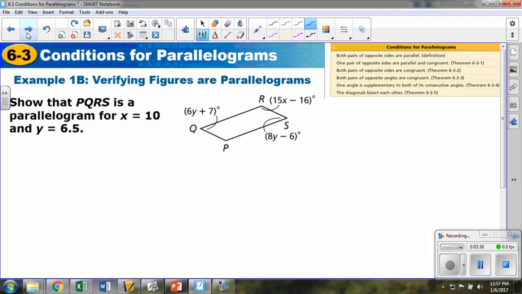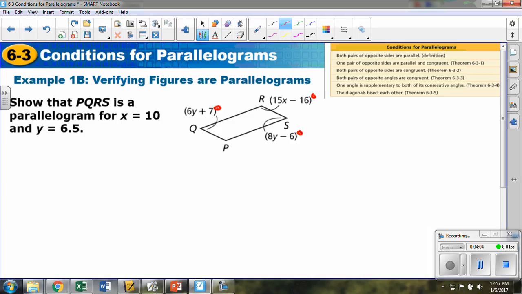Show that quadrilateral PQRS actually is a parallelogram. Of course, our technique is that we're going to look at the picture and start trying to figure out which one of these things on our list is going to work. When I look at the information here, I see a whole bunch of degrees symbols telling me that we're being given angles.